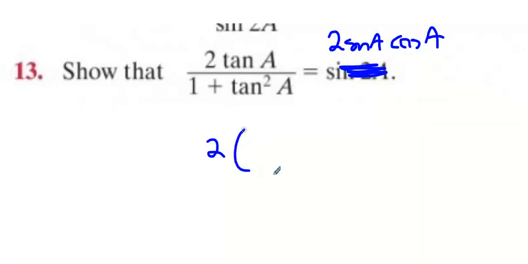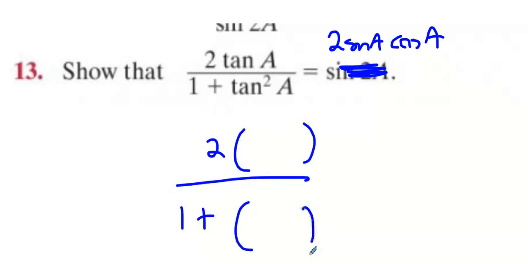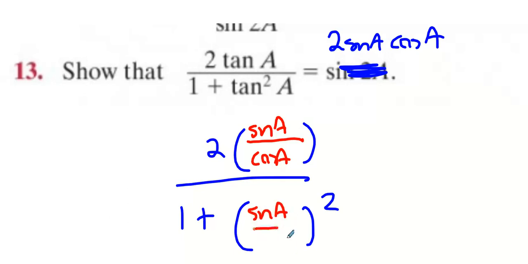So you tell me what goes in the missing position. What goes here and here? Sine A over cos A. Go with that? 2 sine A over cos A. And on the bottom?